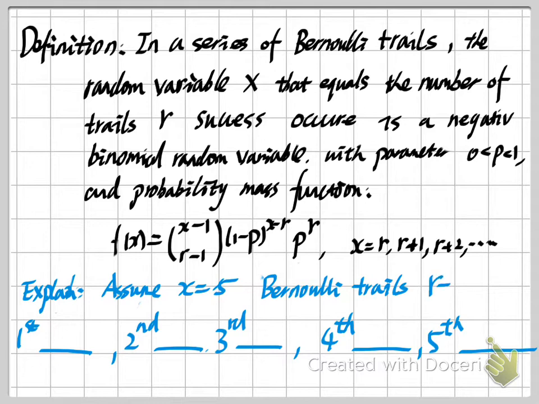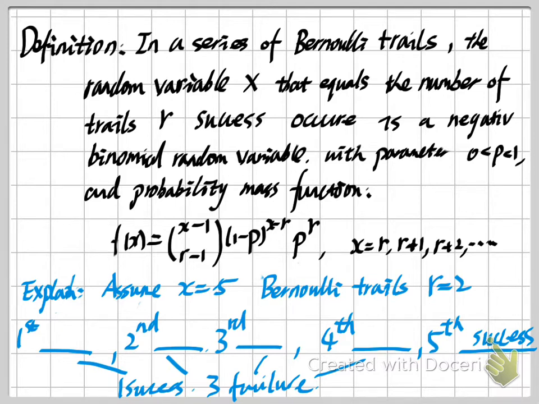That means the fifth trial should be a success. And for the previous 4, we only want one success, and the other 3 should be failures.